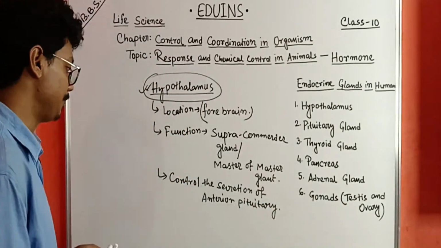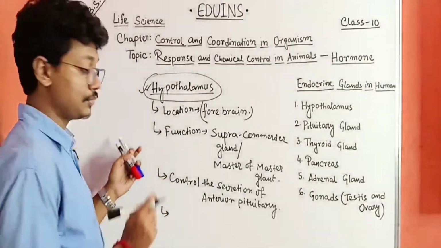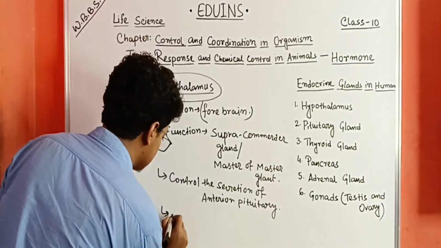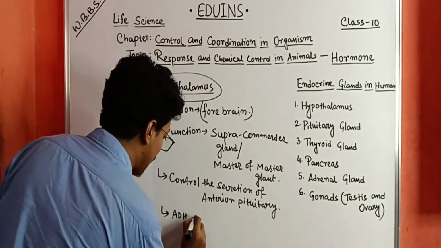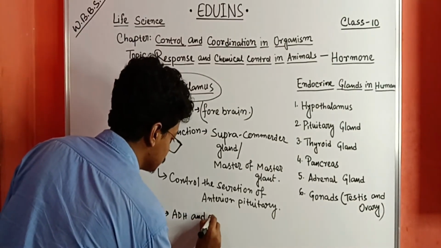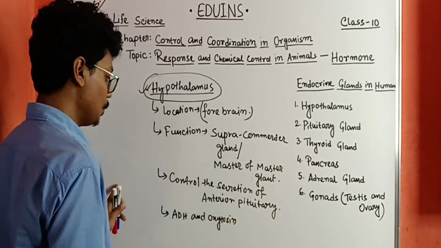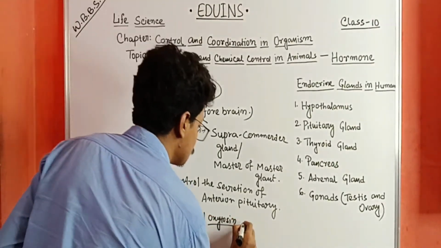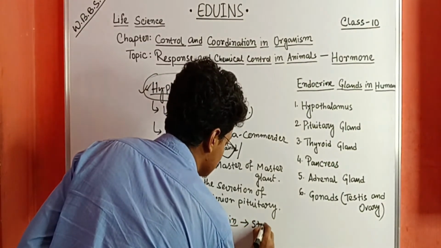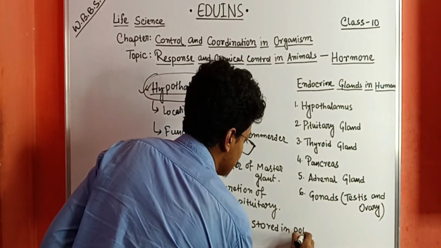Also, it secretes two types of hormones, especially ADH, antidiuretic hormone, and oxytocin, which are stored in the posterior pituitary.